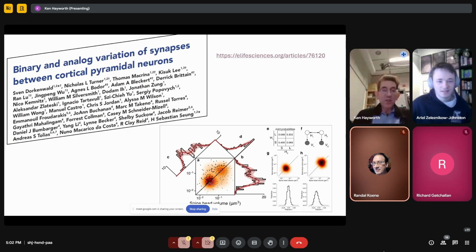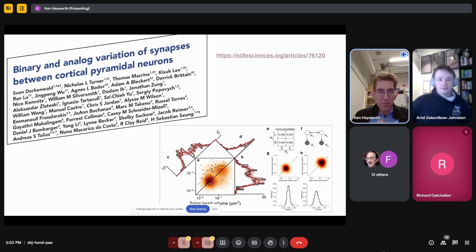Great. Okay, so the paper that we're doing today is this one, Binary and Analog Variations of Synapses between Cortical Pyramidal Neurons by Sven Dorkenwald and a whole bunch of people at the Allen Institute.